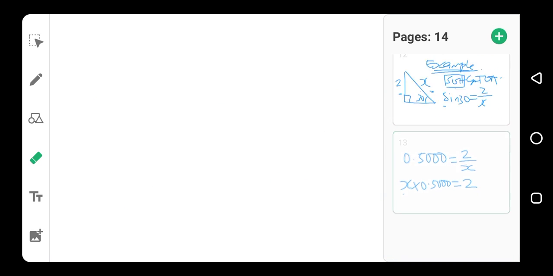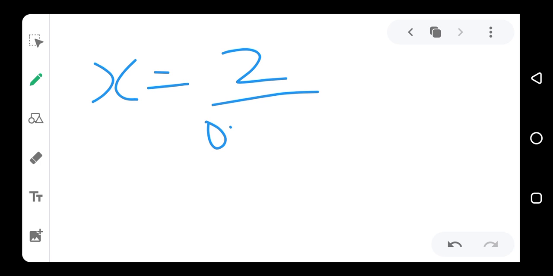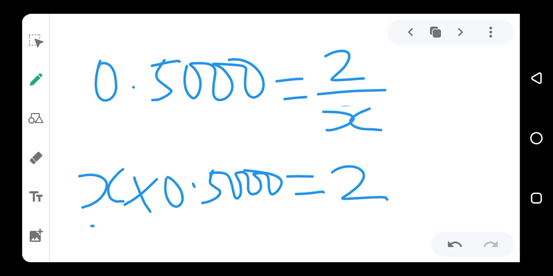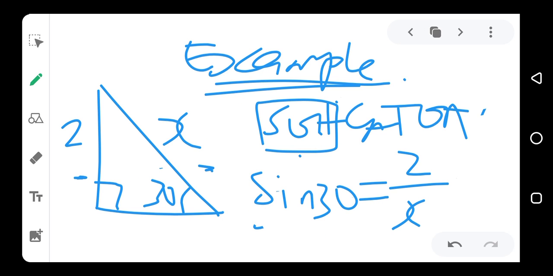So we have x equal to 2 divided by 0.5000, and this gives us 4. So the hypotenuse here is 4, using sine to get it.